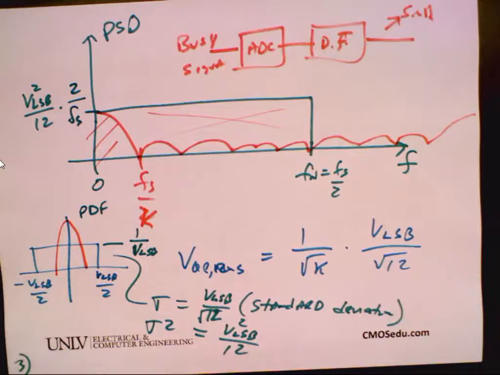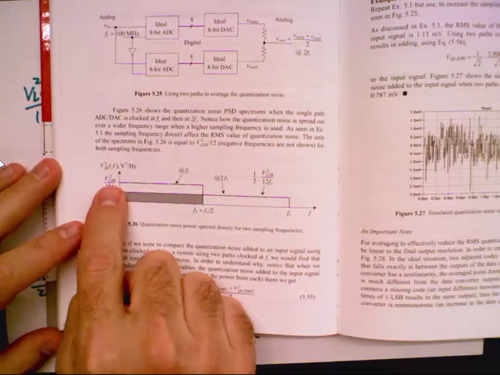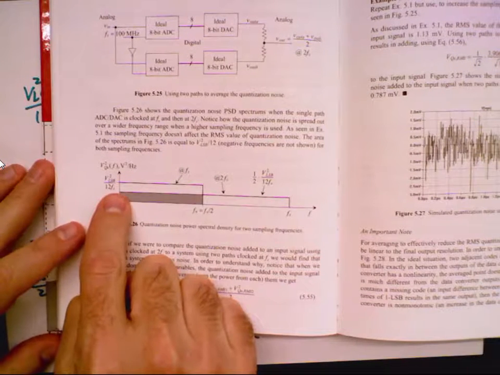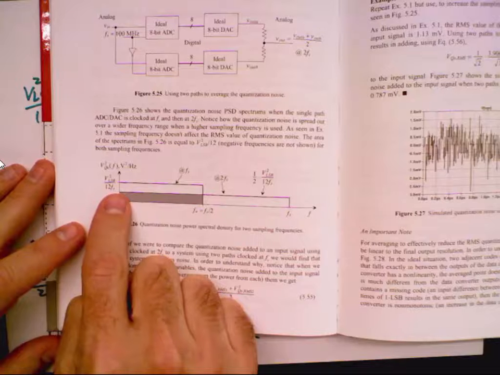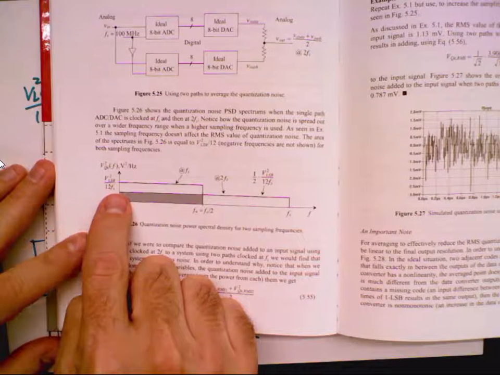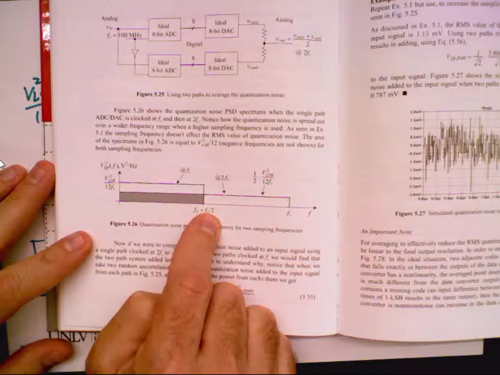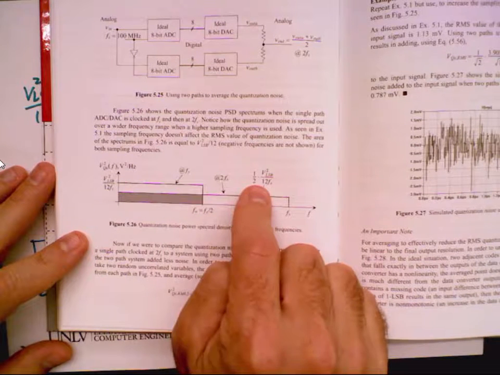Here, let me show you that plot. So VLSB squared over 12 times 1 over Fs. Does everybody recall that? Where we're going to Fs over 2, and then this would be 1/2 of that.